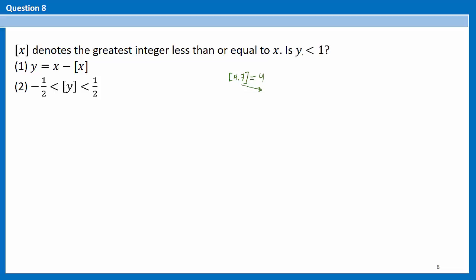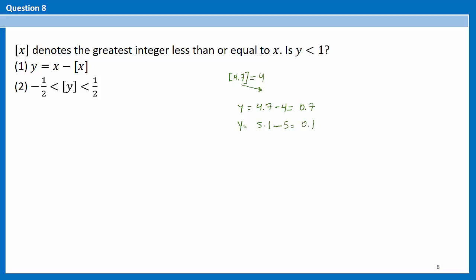So statement 1 says that y is x minus operator x. Using this example, 4.7, I can say that y would be 4.7 minus 4, and that is 0.7. So is it less than 1? Yes. If I use another number, for example, say 5.1, y would be 5.1 minus operator of 5.1, which is 5, that is 0.1.